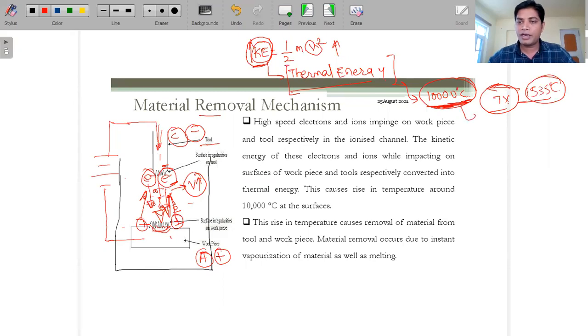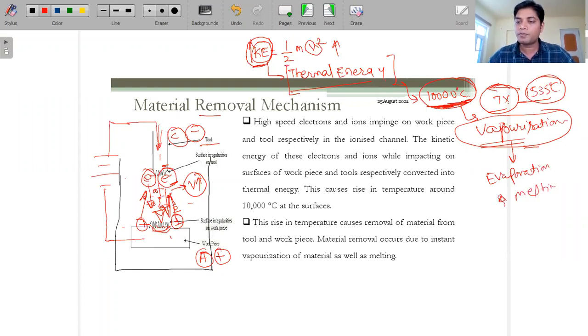So please keep in mind that the main material removal in this EDM process is due to vaporization, or we can say evaporation and melting. The material removal in the ECM process occurs due to ion displacement, but in the EDM process the material is removed due to evaporation as well as melting, or in other words, vaporization.